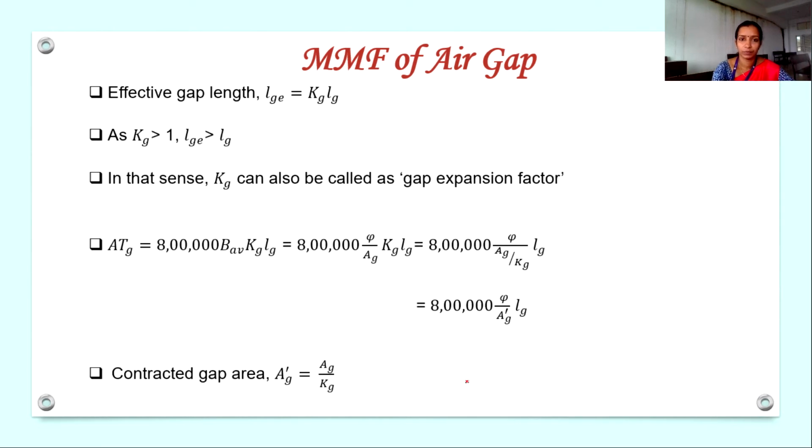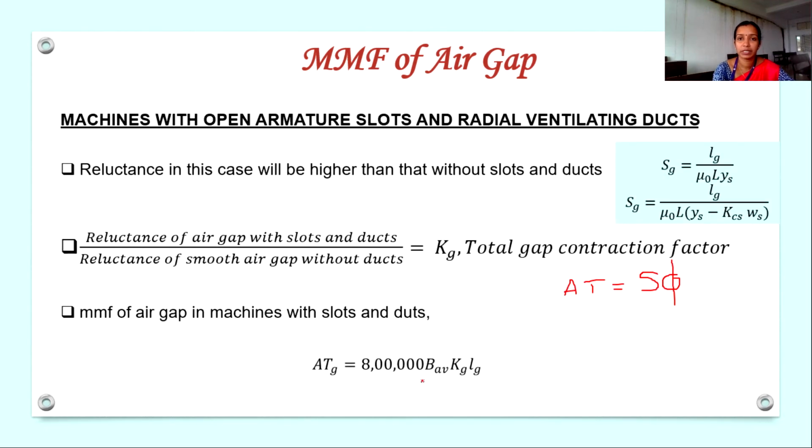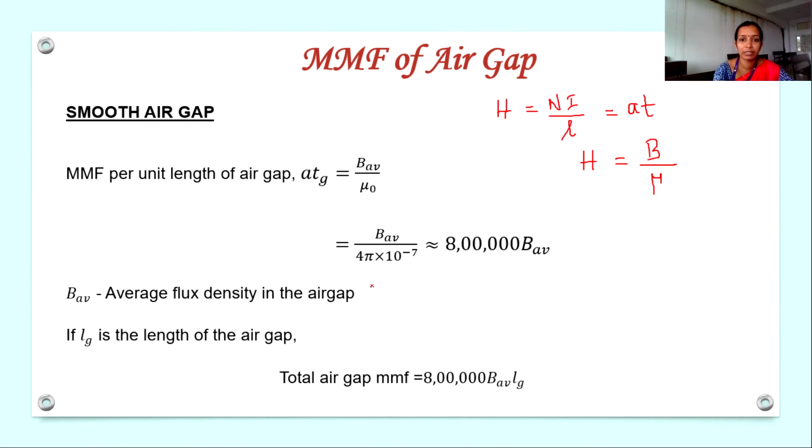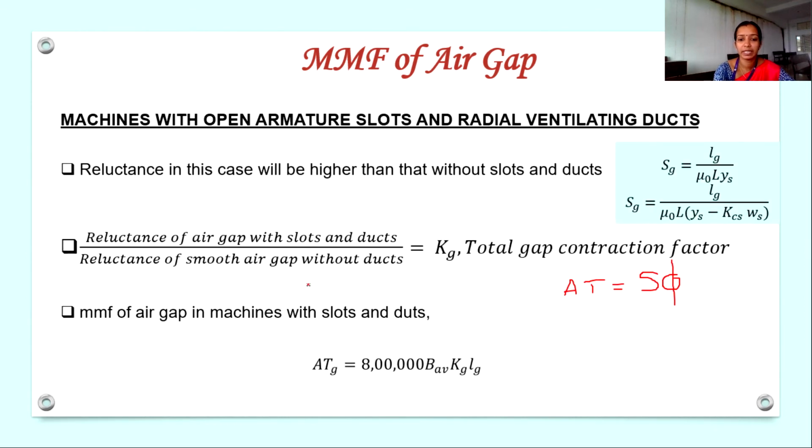So now, see this equation here, 8 lakh into B average is the MMF per unit length. We have initially calculated the 8 lakh into B average as the MMF per unit length of air gap. So here ATG is equal to MMF per unit length into total length.